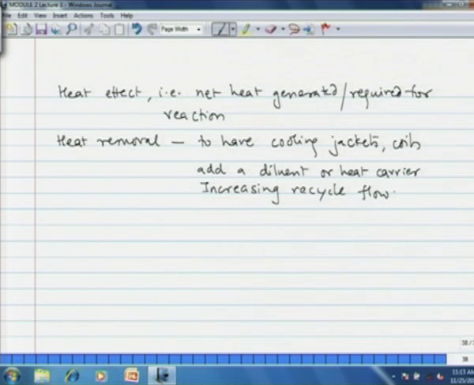So and so forth. Okay. However, to choose between these options, we need to first know the heat generated.